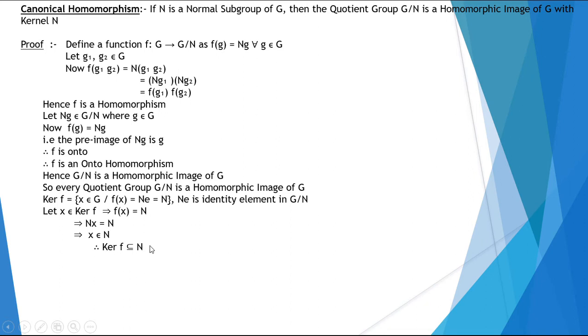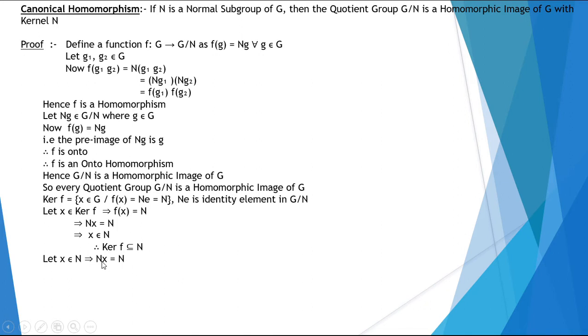Let x be any element of capital N. Since x belongs to N, Nx equal to N. From the theorem, h belongs to H implies Hh equal to H, so x belongs to N implies Nx equal to N. Nx is nothing but the image of x with respect to f.